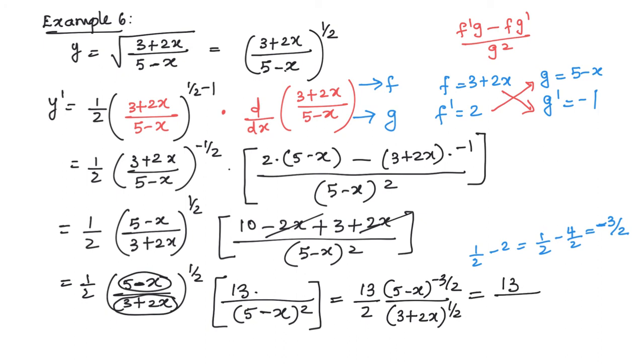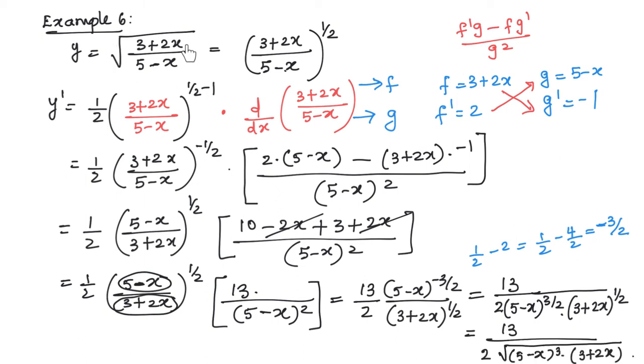Now move this to the denominator so that it will have a positive exponent. Since both have 2 in the denominator of the exponent, we can rewrite this expression as square root of 5 minus x whole cube times 3 plus 2x power 1. Power 1, we don't need to write that one.